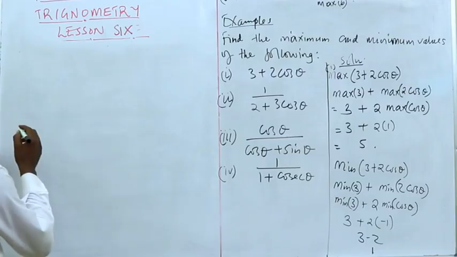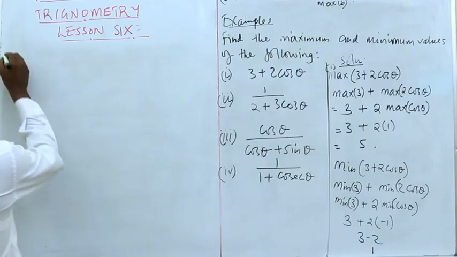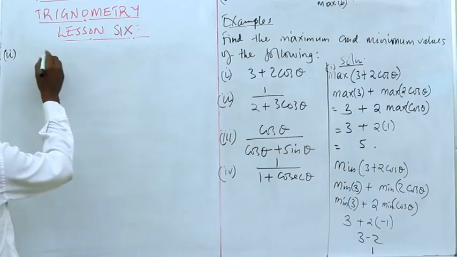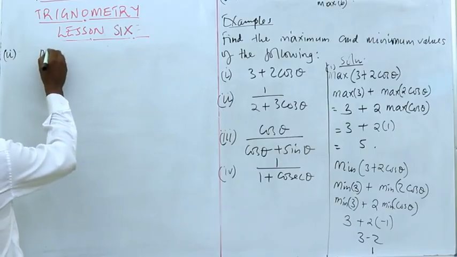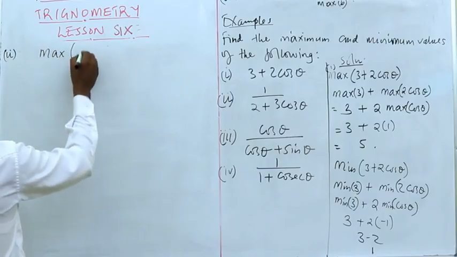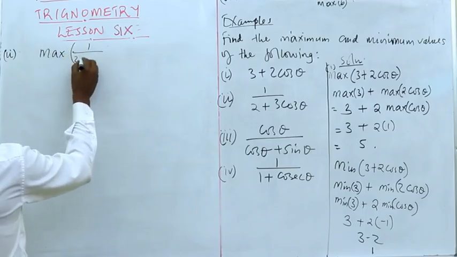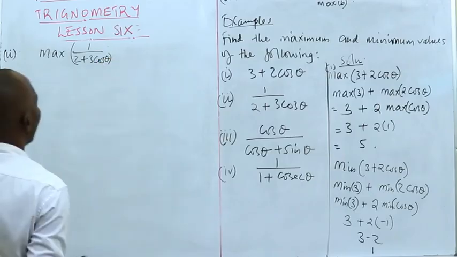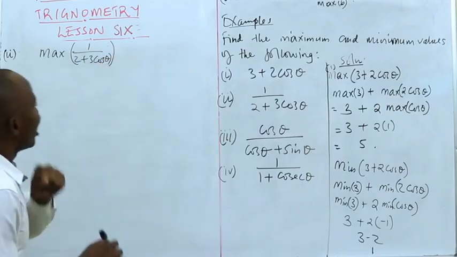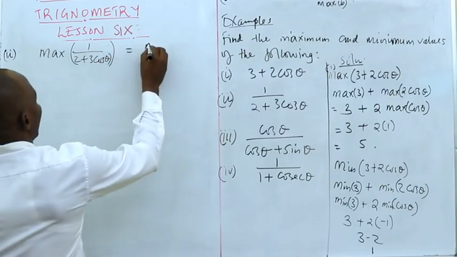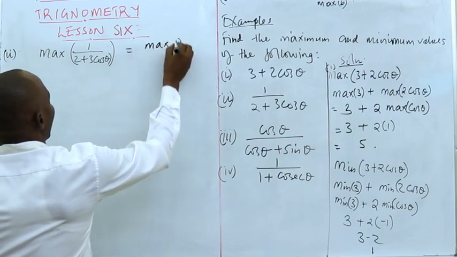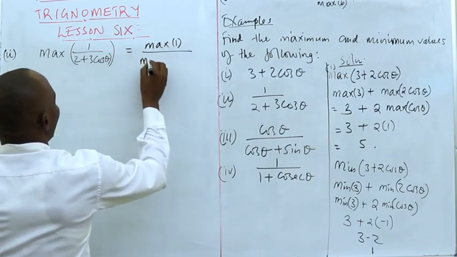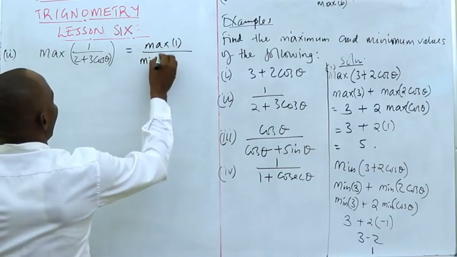We have example 2. Let's first maximize 1 over 2 plus 3 cos theta. Okay? If we are maximizing, we maximize the numerator and minimize the denominator.